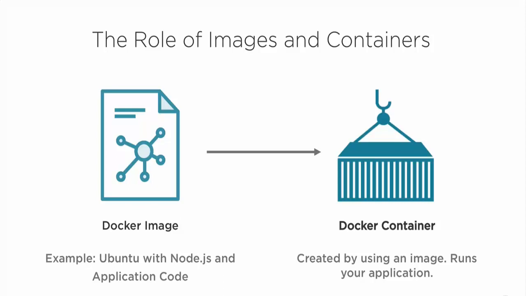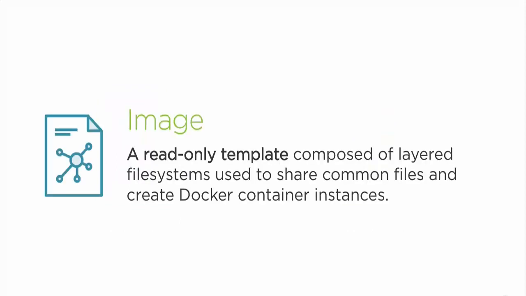Now, let's dive into the definitions of each of these just a little bit more. So an image is a read-only template. And what it's composed of, and we'll be building these throughout the course, is a layered file system. So you'll have some files, for instance, specific to your Linux operating system or your Windows operating system. And then you'll have your files for your framework, ASP.NET or Node.js or whatever it may be.